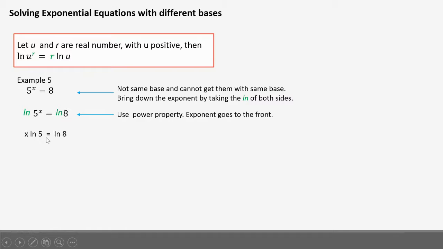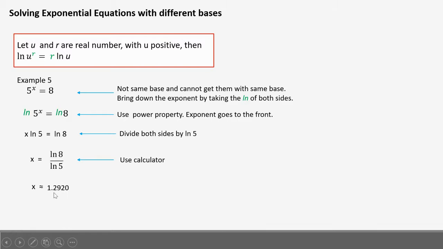Now we have x ln of 5 equals ln of 8, and I repeat, ln of 5 is a number, a value, and so is ln of 8. So we divide both sides by ln of 5. So x equals ln of 8 divided by ln of 5, and we use the calculator, because it's really impossible to do it by hand.